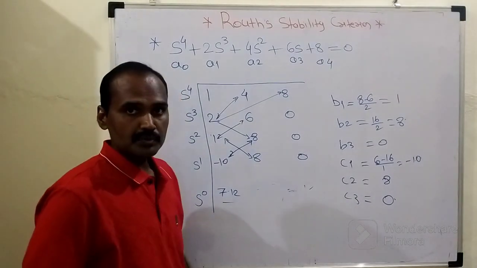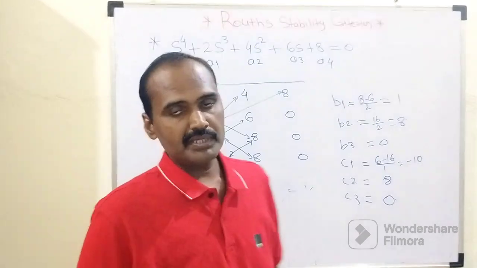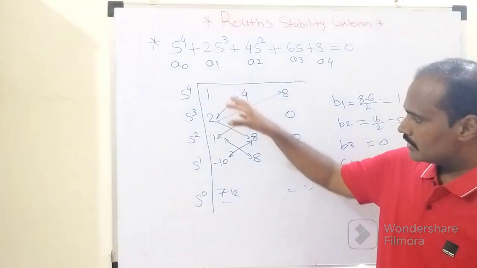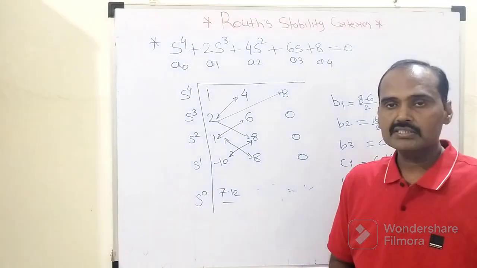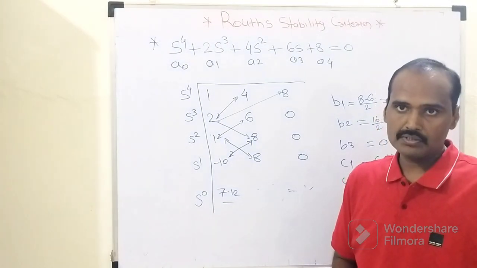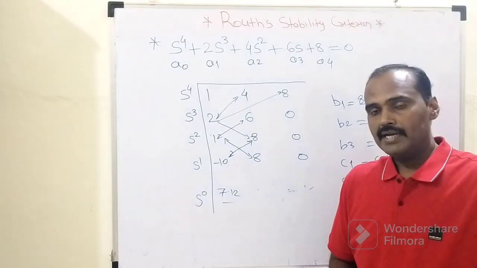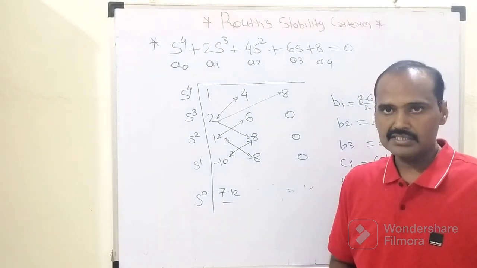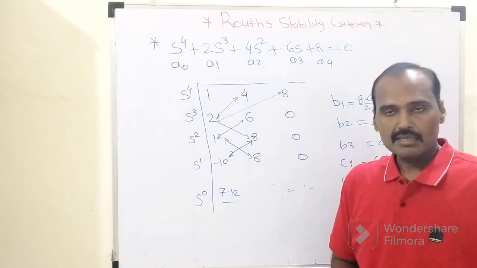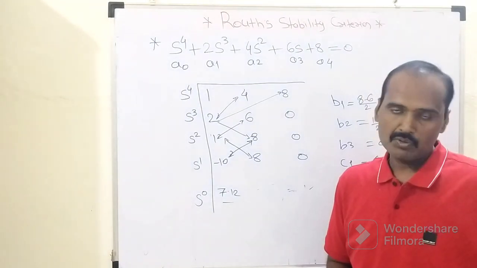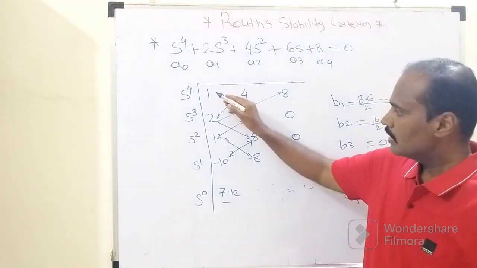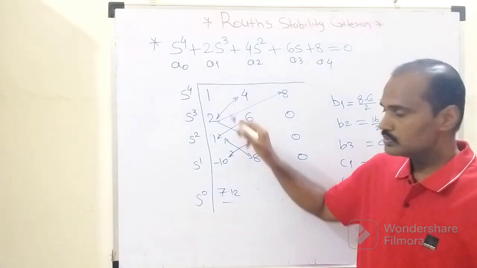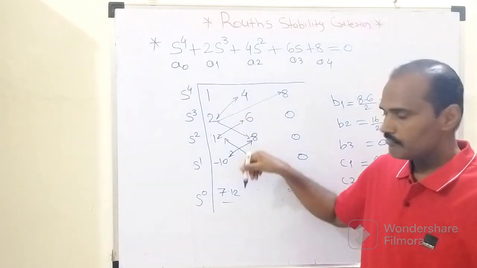Then, in order to decide the stability of the system, what do we need to do? We need to observe all the elements lying in the first column of this Routh array. If all elements carry the same sign, the system can be called a stable system. Otherwise, it is an unstable system. Within the first column there are 5 elements.